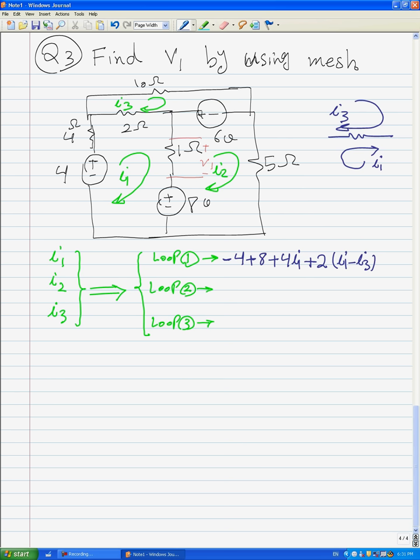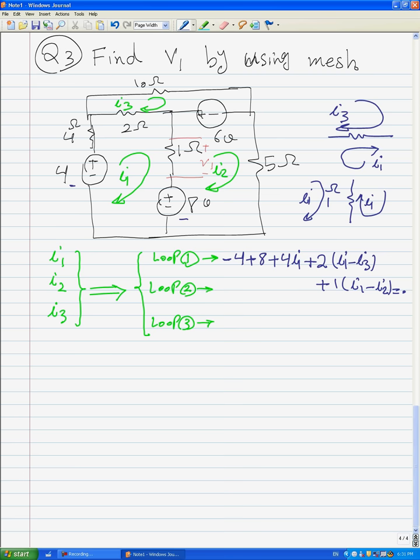And for this 1 ohm we have currents I1 and I2, so the voltage should be 1 times I1 minus I2, equal to 0. This is equation 1. Once again, we have minus 4 here, plus 8 here, 4 I1, 2 times I1 minus I3, and 1 times I1 minus I2.